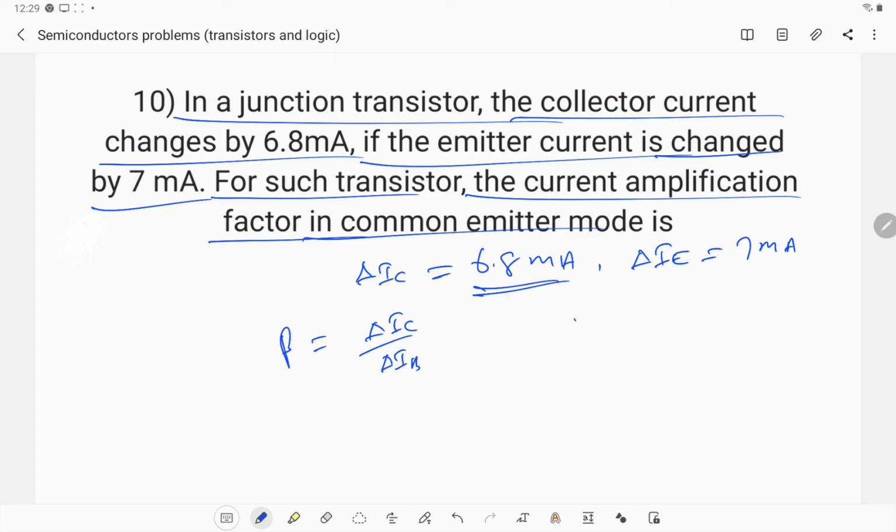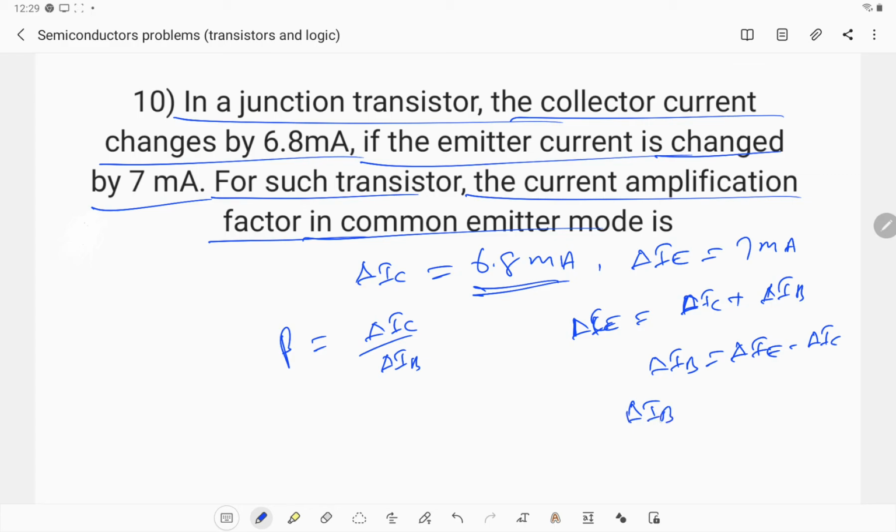Therefore, here delta IE is equal to delta IC plus delta IB. From this, delta IB is equal to delta IE minus delta IC.